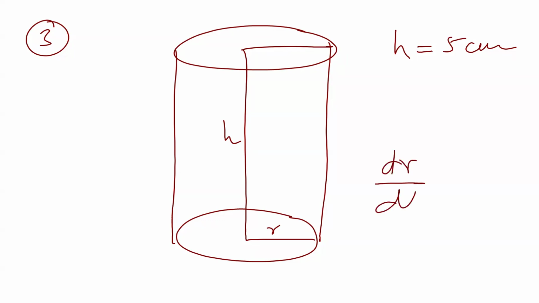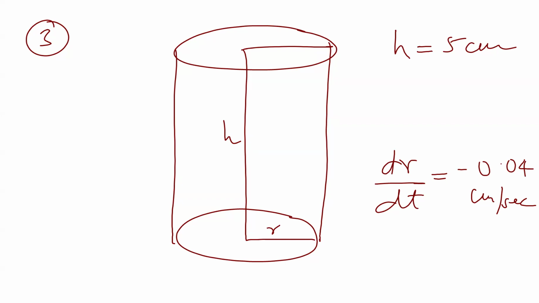So dr by dt is equal to minus 0.04 centimeter per second. Can someone tell me why have I used the minus sign? Why have I used the minus sign? Yes, minus indicates decrease. Okay, right?